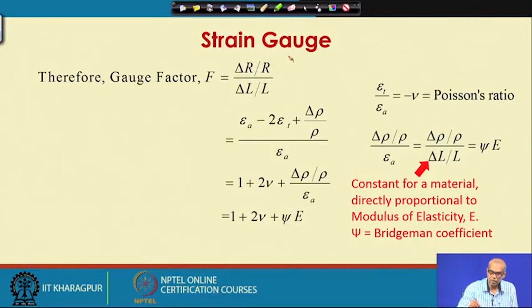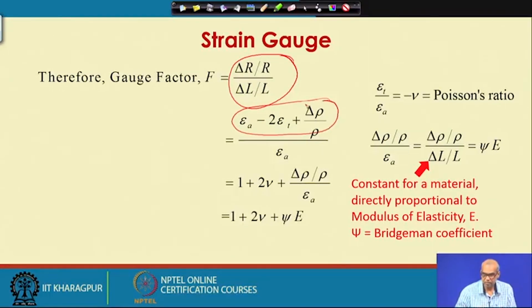So, the gauge factor is delta R by R divided by delta L by L. Delta R by R we just derived this, and delta L by L is axial strain. So, this can be represented as 1 plus 2 nu plus delta rho by rho divided by axial strain.